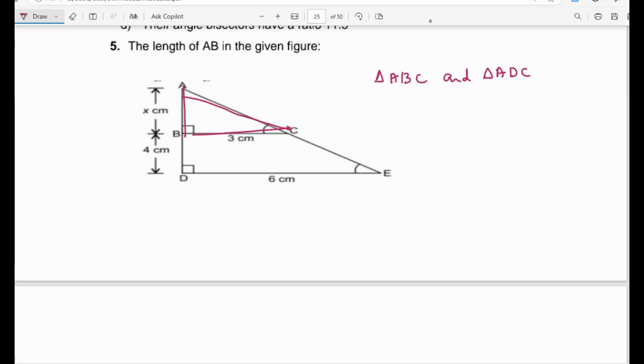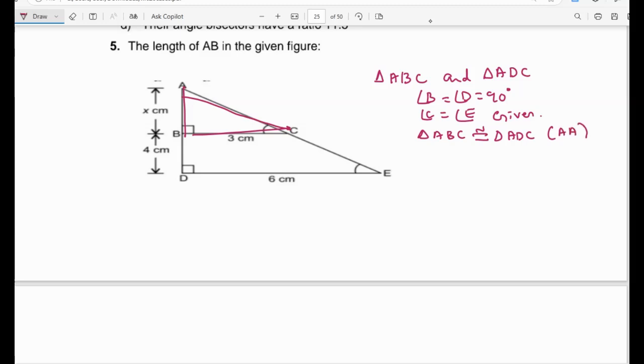We can write that angle B is equal to angle D. It is 90 degrees in both, right? Then angle C is equal to angle E. It is already given in the diagram. They are equal. Then according to this, the two triangles will be similar by AA criteria.